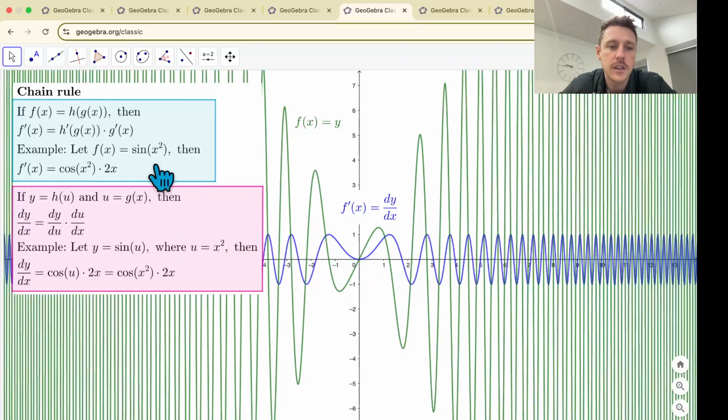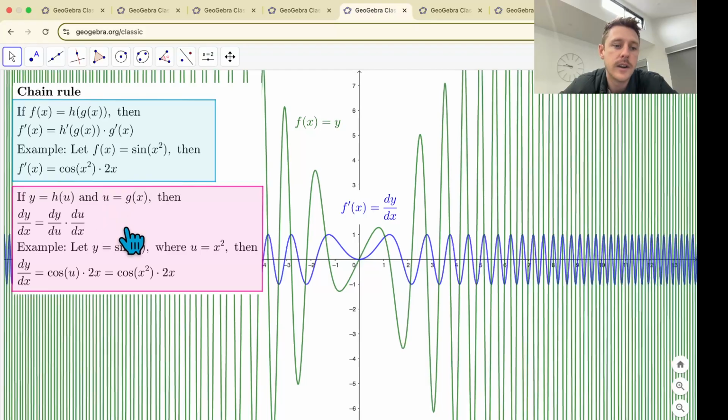So don't change what's on the inside. The derivative of sine is cos. So the first part would just be cos of x squared, and then you multiply by the derivative of the inside. So times 2x, because the derivative of x squared is 2x.